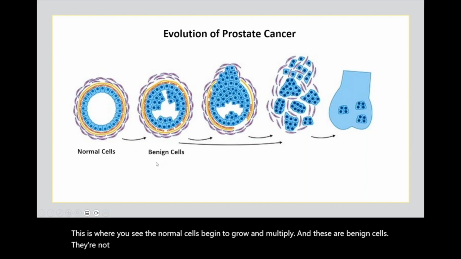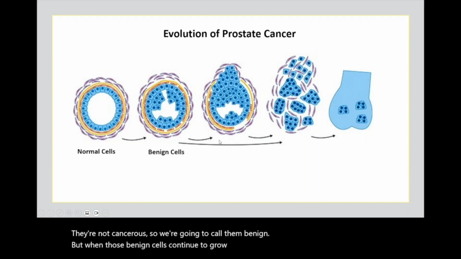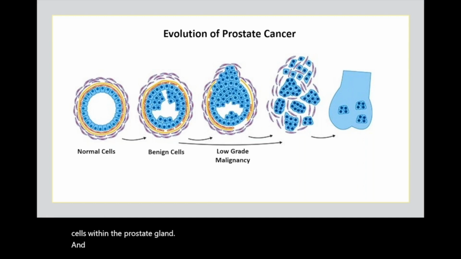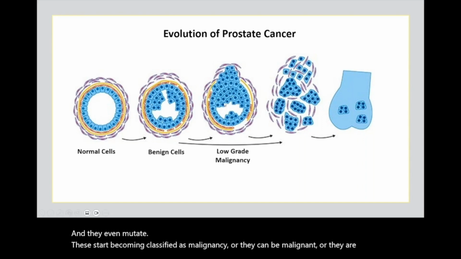They're not cancerous, so we're going to call them benign. But when those benign cells continue to grow and multiply, and they begin to damage other cells within the prostate gland, these start becoming classified as malignancy, or they can be malignant, in this exercise.